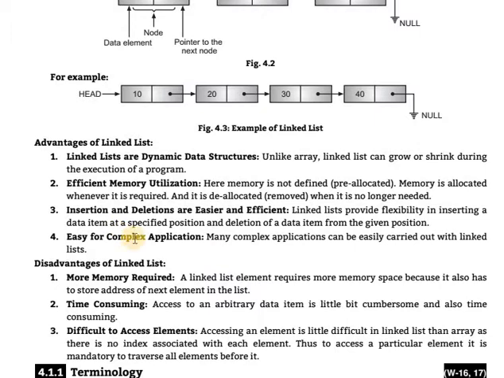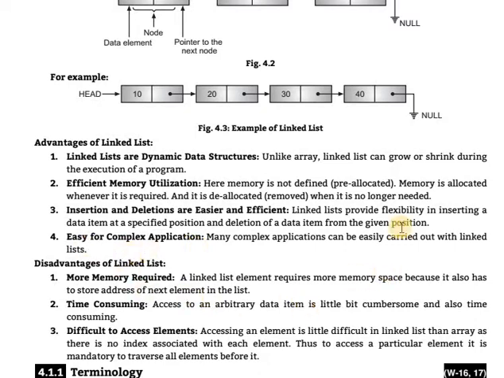For example, in a complex application, suppose you first imagine 5 memory locations are enough, but later you want 7. That is not possible in the case of an array, but it is possible in a linked list. That is just an example: for complicated applications, it is easy with the linked list.